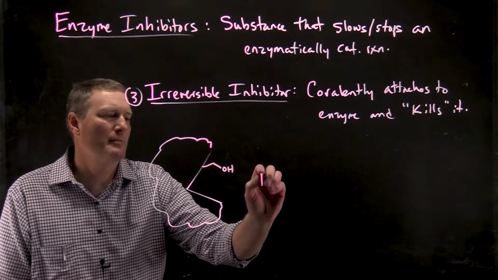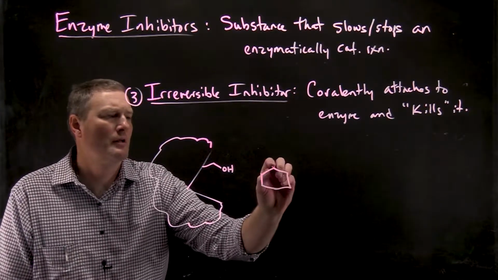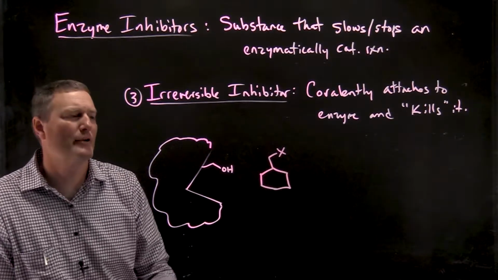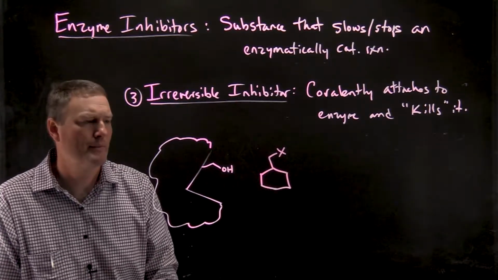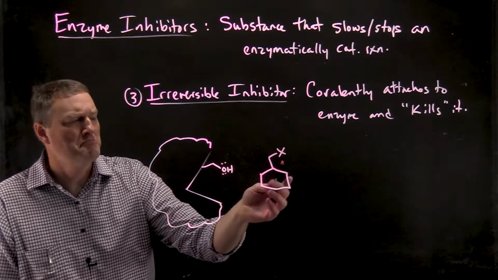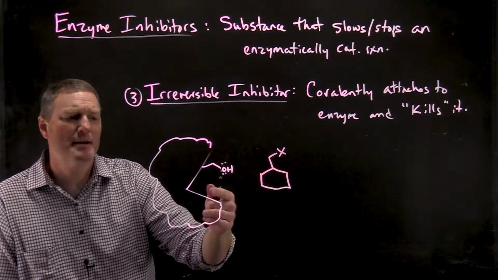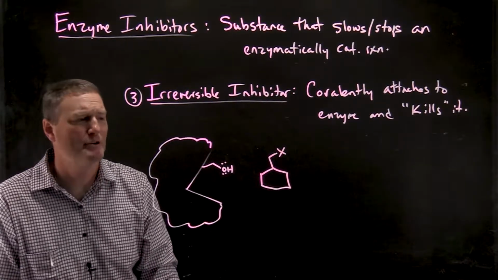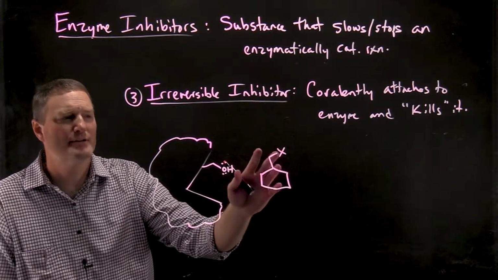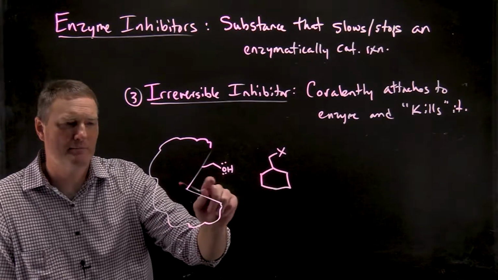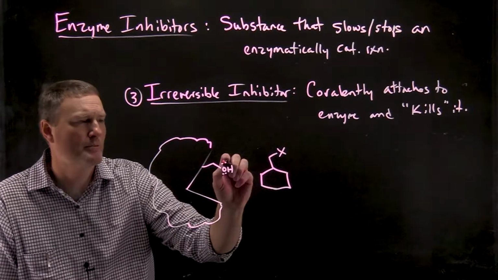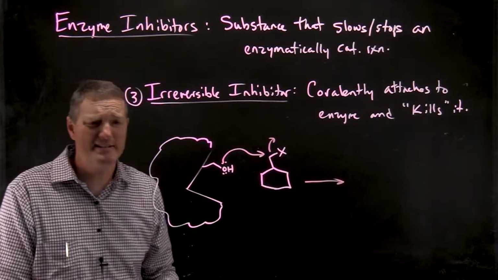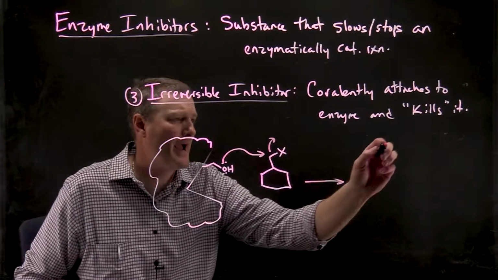If I have some drug molecule that now has some sort of leaving group on it or some sort of activated group, this compound sometimes can mimic the substrate to kind of trick the enzyme into binding it, but doesn't necessarily have to. It could just be close enough in structure so that it's going to now possibly be bound close to this OH group. And if I now go through a reaction, this is essentially going to be an irreversible reaction.